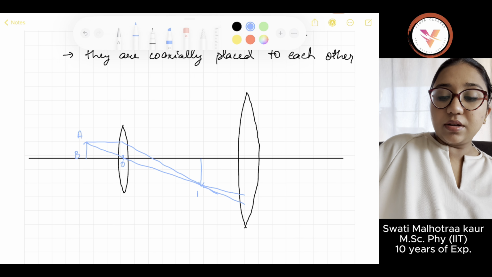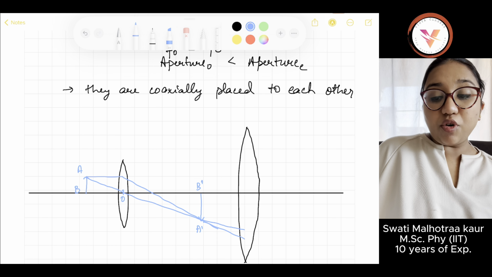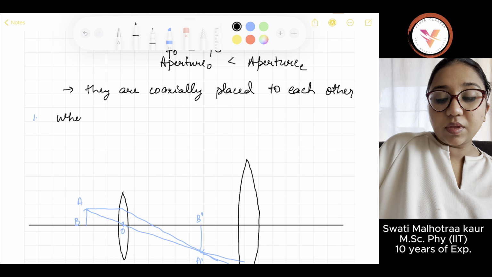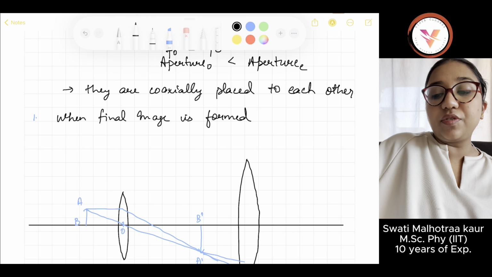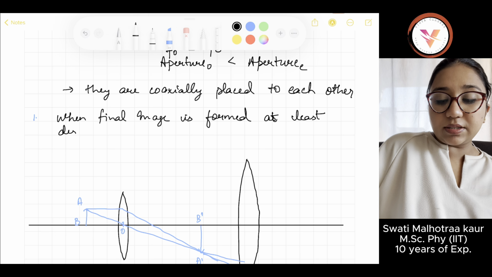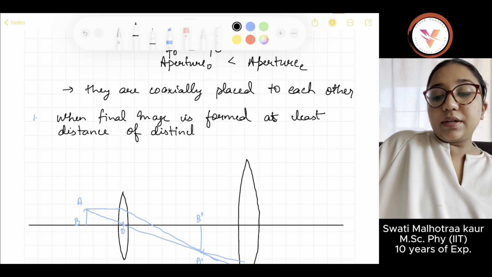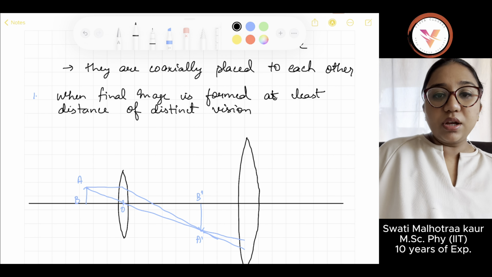Now we are making this first for the image to be formed at least distance of distinct vision. So when the final image is formed at least distance of distinct vision, which is 25 centimeter, and obviously virtual, because we have to see the erect, not inverted image.